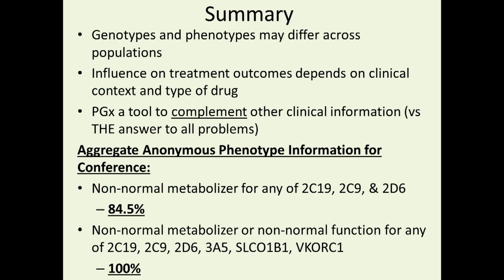So I had two tiers of inquiry that I wanted to get anonymous aggregate information on. The first is I took the 3 most common drug metabolizing enzymes that are referenced in CPIC guidelines and also in product labeling, and asked what is the proportion of individuals who had genotyping done that had some non-normal phenotype from these.